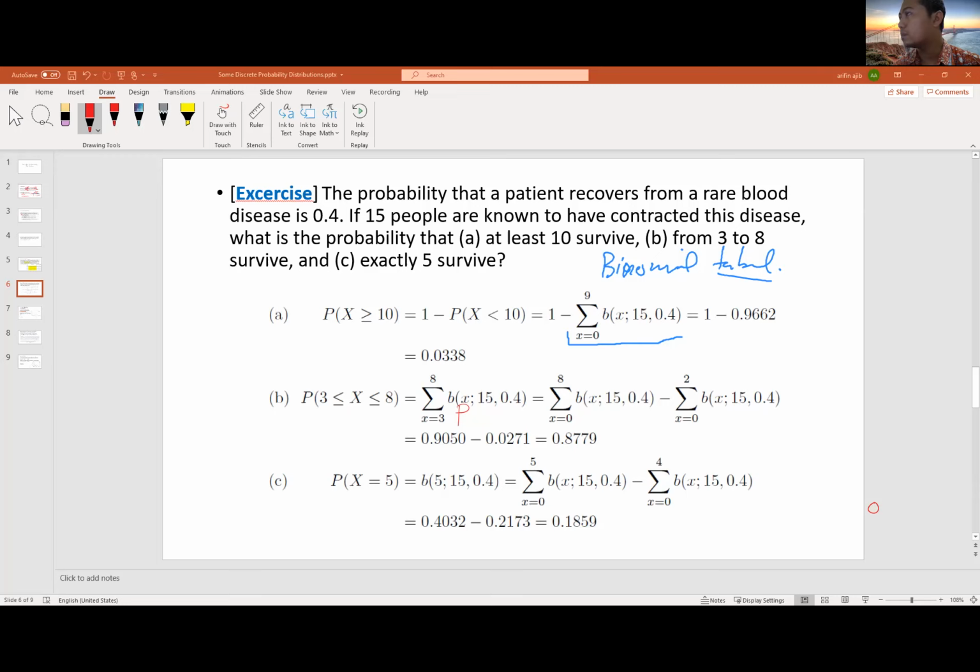So the probability of success in an independent trial is 0.4 for the p, and n is 15. This is correct.